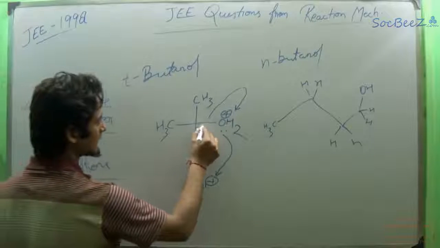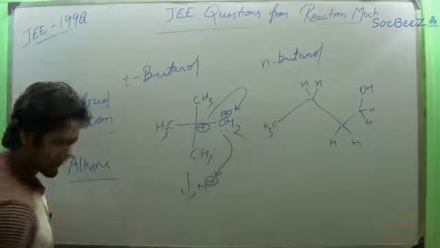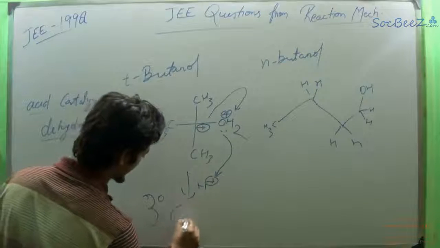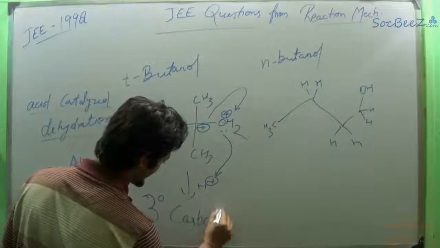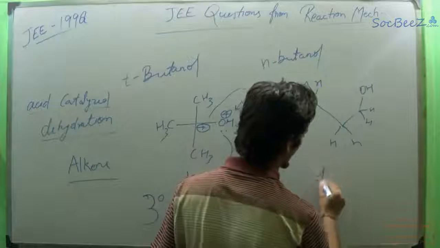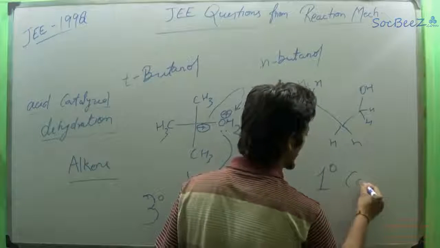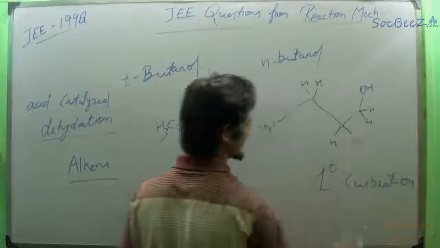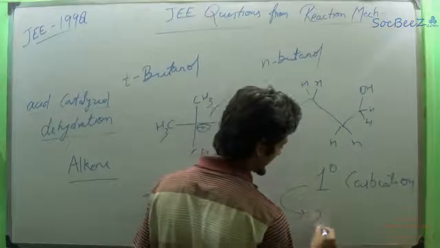The carbocation will come at this carbon. So the carbocation formed is 3 degree carbocation. Whereas in this case, the carbocation formed is a 1 degree carbocation, which can at maximum after shift can become a 2 degree carbocation.